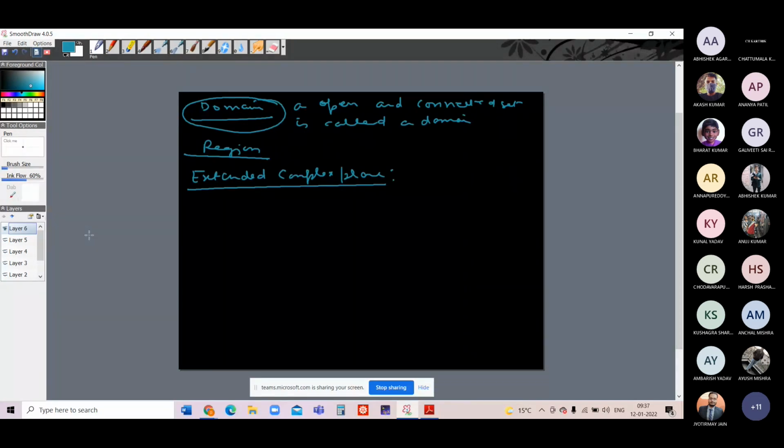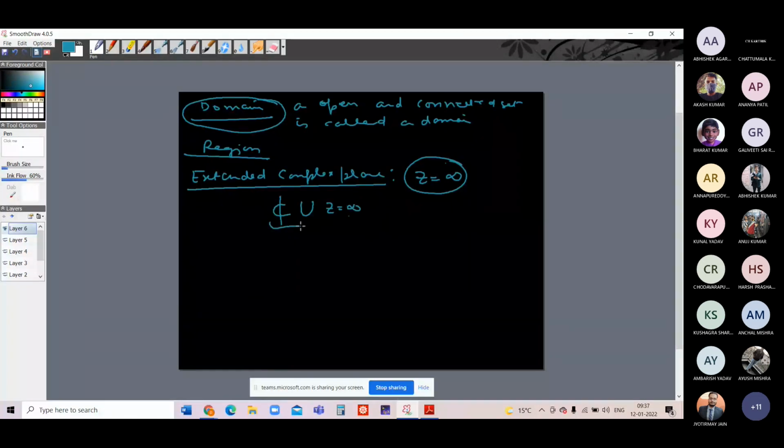If in the complex plane we include only the point z equal to infinity, suppose C is denoting the complex plane, and we connect the point z equal to infinity to this plane, combining this point with the complex plane.